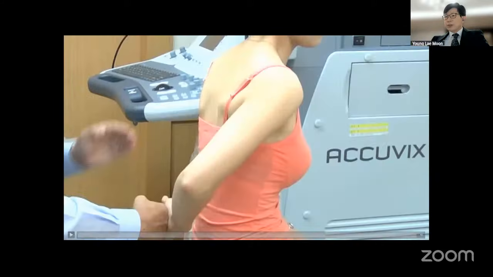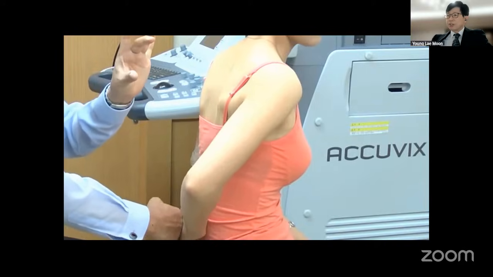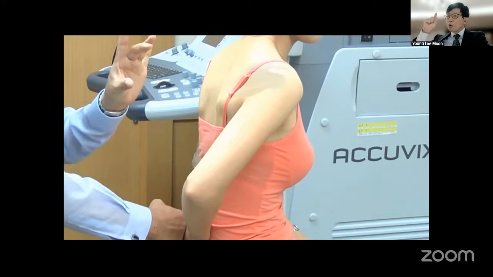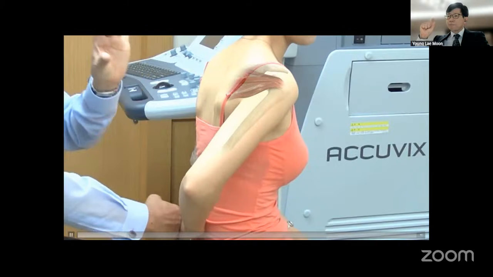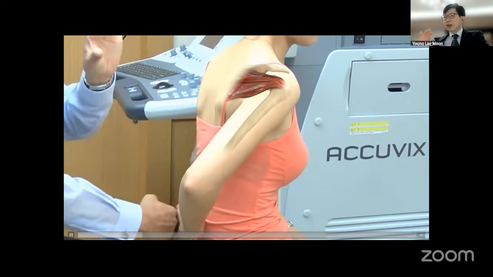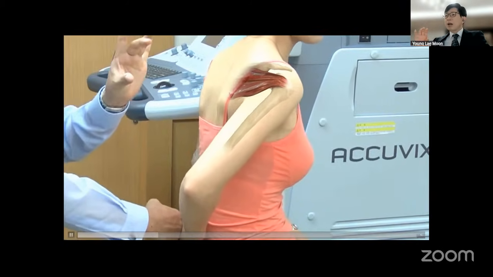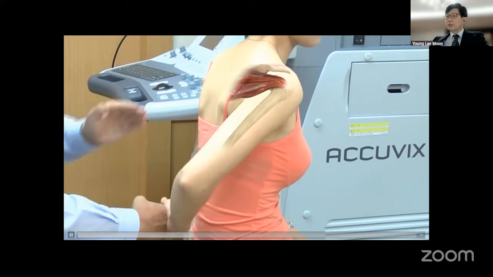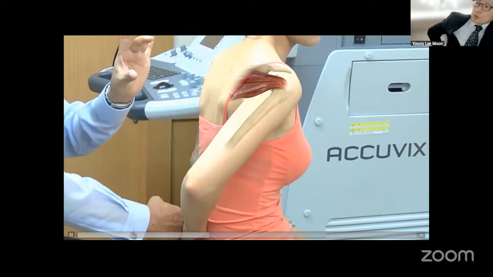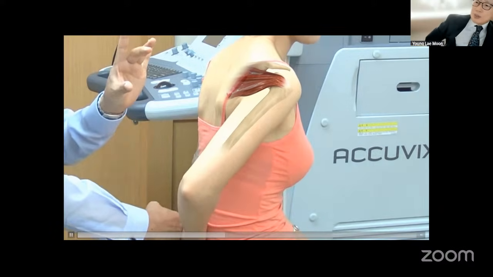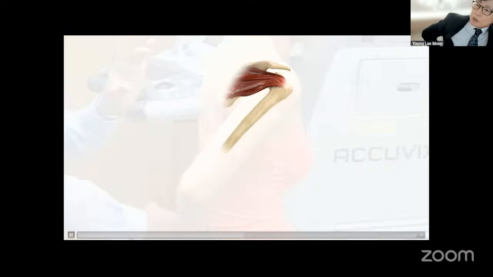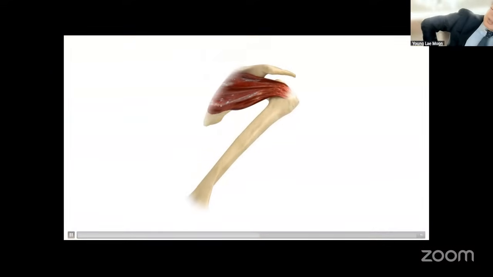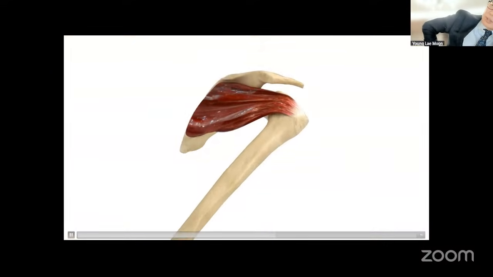The lift-off test evaluates subscapularis integrity, particularly the lower portion of the subscapularis. The patient places the hand behind the back at the lumbar region, with the dorsum of the hand against the lower back, like this. The patient is then asked to actively lift the hand away from the back against resistance.